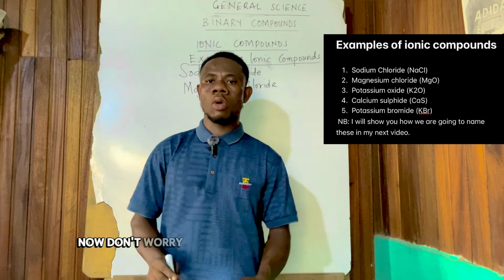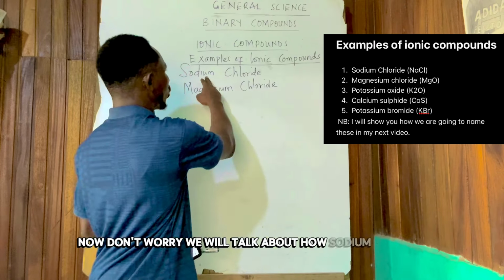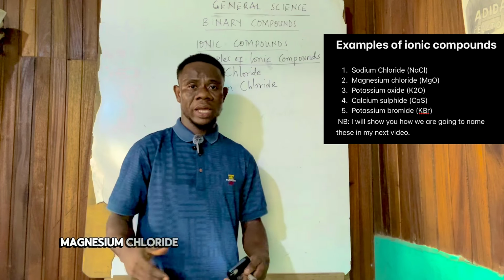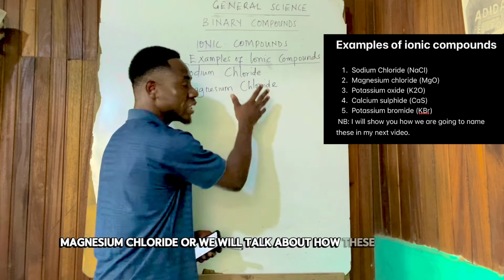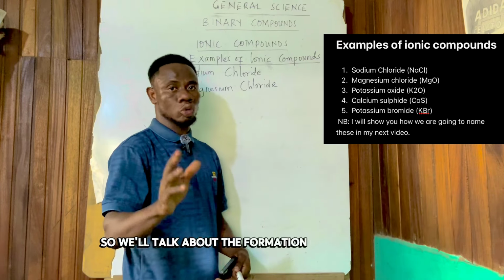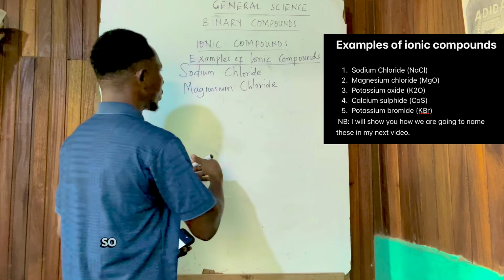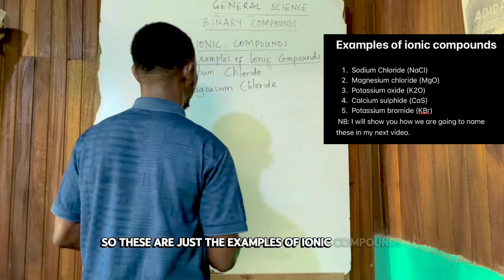Don't worry, we will talk about how sodium chloride and magnesium chloride are formed. We'll talk about the formation, so don't worry. These are just examples of ionic compounds.